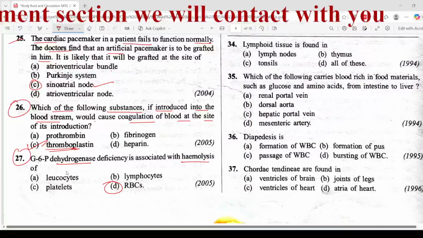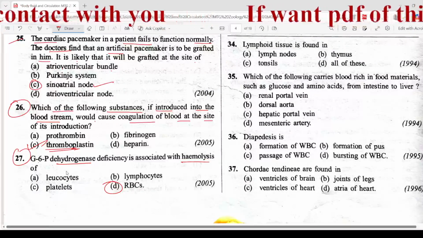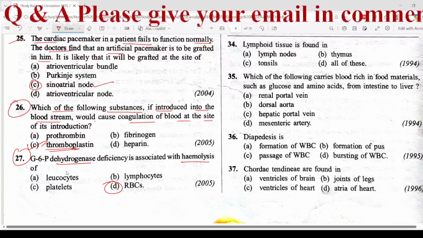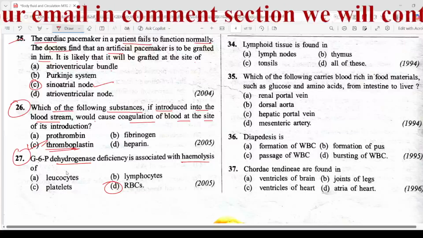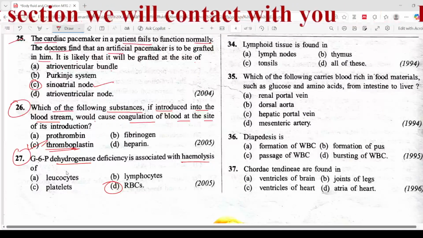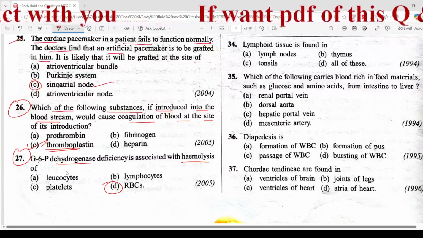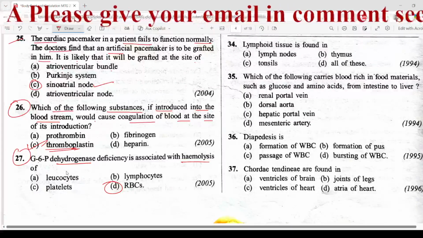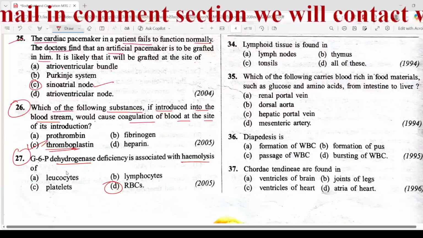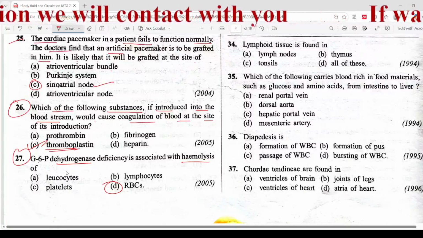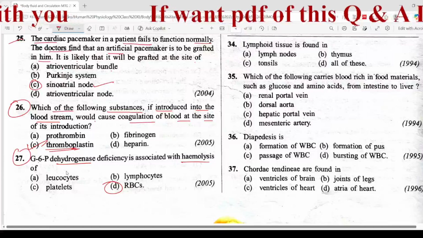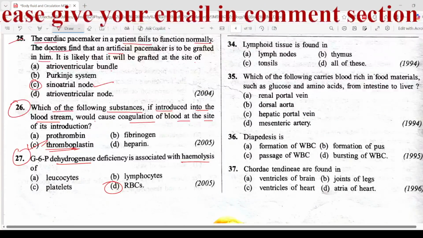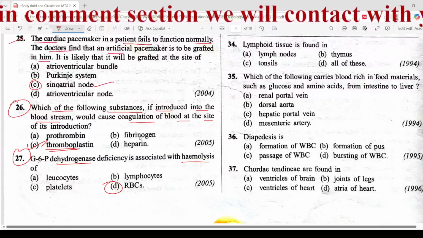It catalyzes the first step in hexose monophosphate pathway, producing NADPH. This coenzyme is required as a hydrogen donor for reaction of various biochemical pathways. So the deficiency in this enzyme is an inherent sex-linked trait. Although the deficiency occurs in all the cells of the affected individuals, it is more severe in RBC. Okay, so that is the explanation for this question.